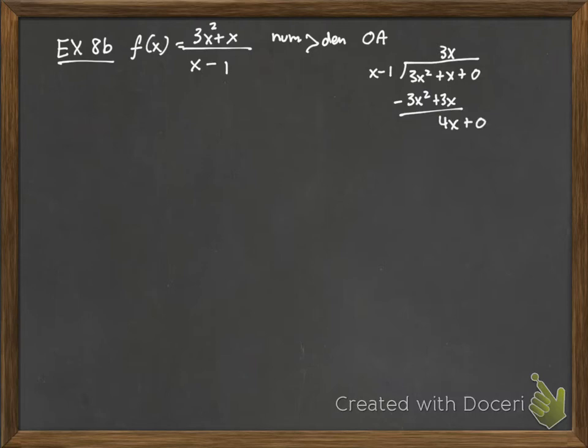And now 4x divided by x is 4. 4 times x is 4x. 4 times negative 1 is negative 4. Changing up my signs, I have a remainder of 4. So this is plus 4 over x minus 1. So my oblique asymptote is y equals 3x plus 4, okay?